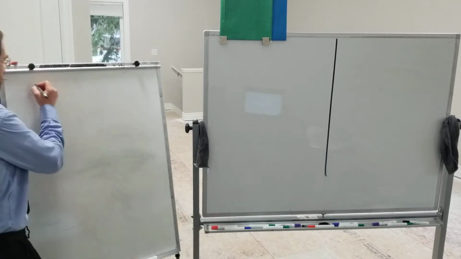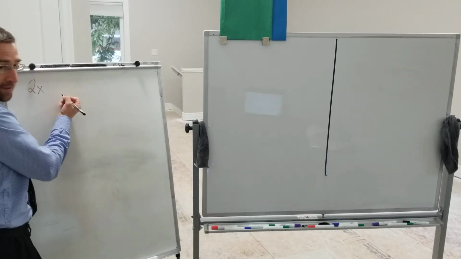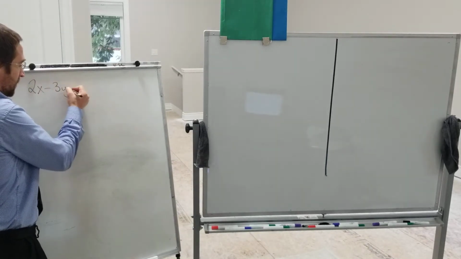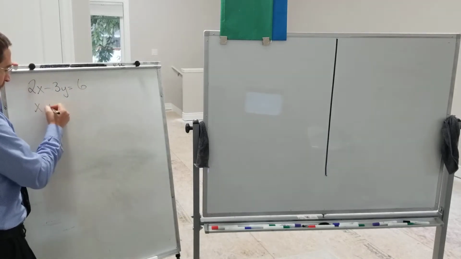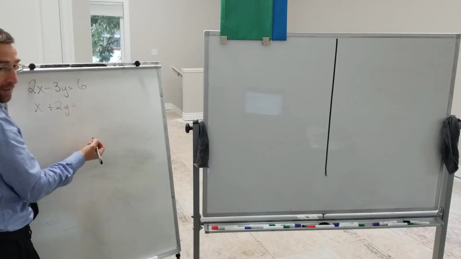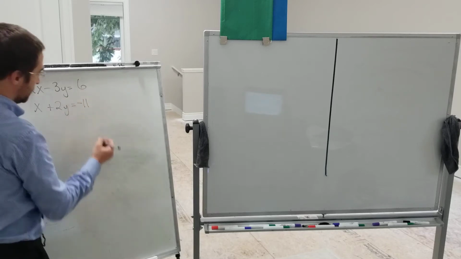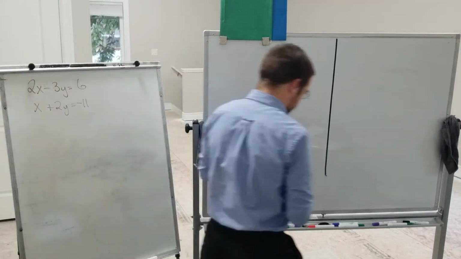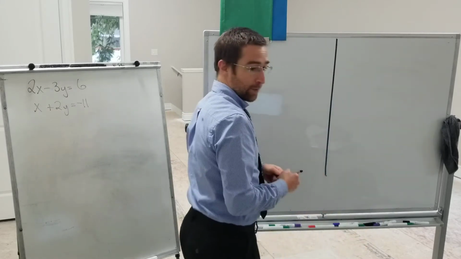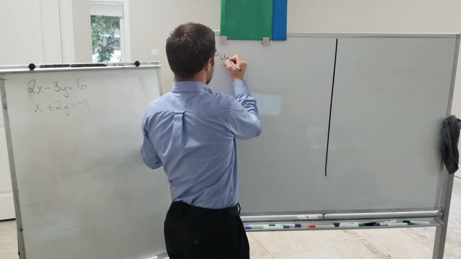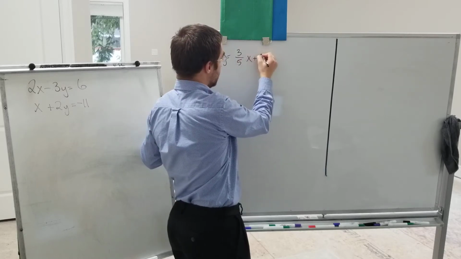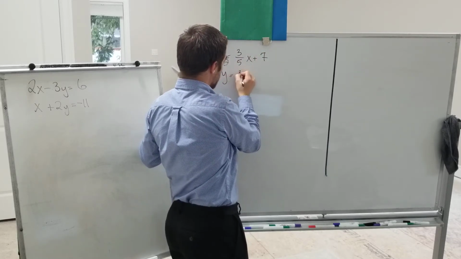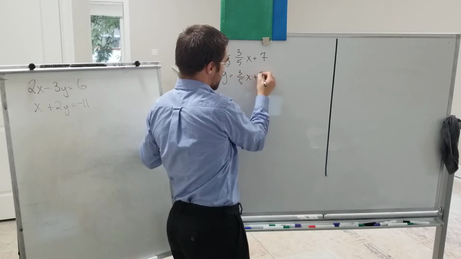Let's say we have 2x minus 3y equals 6, and x plus 2y equals negative 11. That's one problem. Let's say we have y equals 3/5 x plus 7, and y equals 3/5 x plus 3.